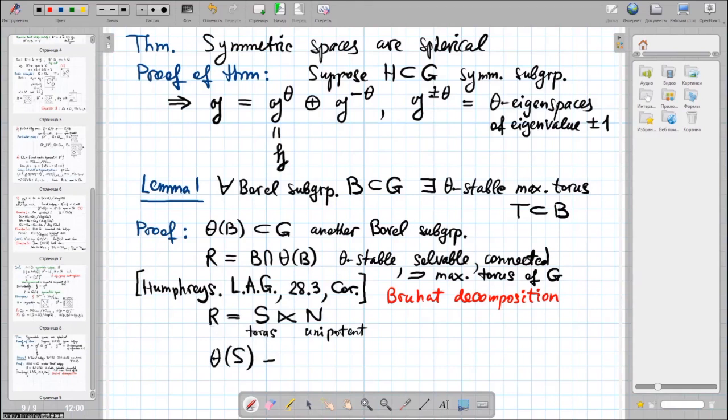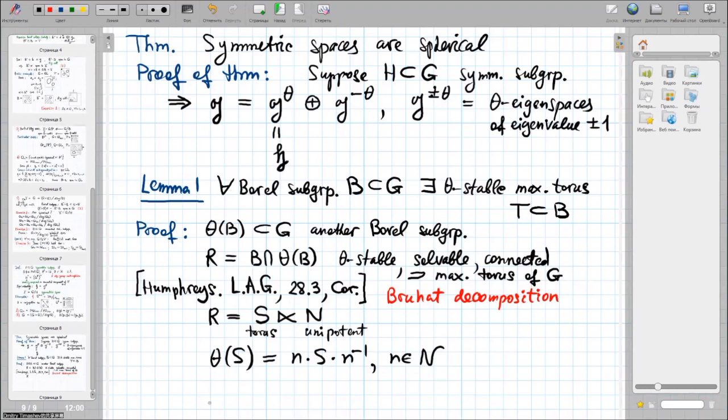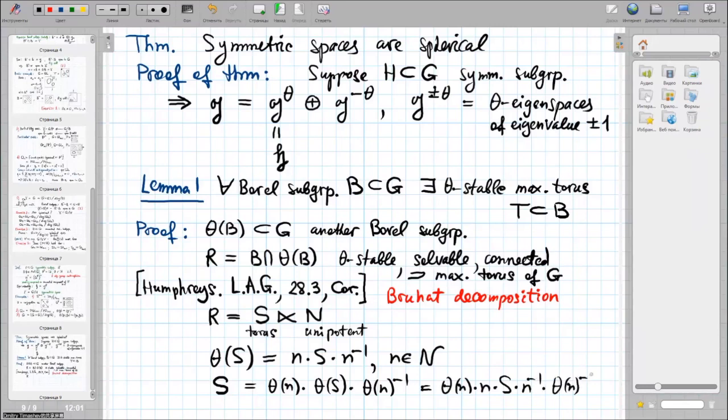All maximal tori are conjugate, and this means that theta of S is conjugate to S by means of some element in N. So this element small n is in big N. Now, if you apply theta once more, you get back S. But on the other side, you get theta of n times theta of S times theta of n inverse, which is the same as theta of n times n times S times n inverse times theta of n inverse.